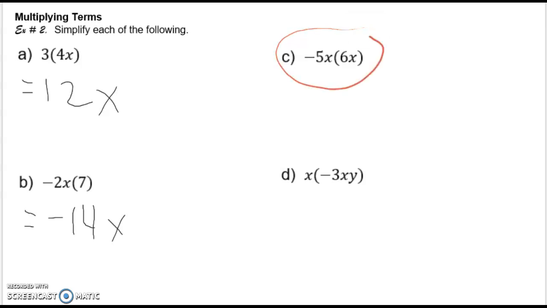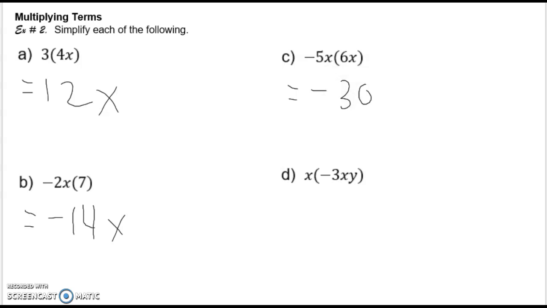Example 3, we have negative 5x times 6x. So first things first, we're going to multiply our numbers together. We have negative 5 times a positive 6. Negative times a positive gives us a negative. And 5 times 6 gives us 30.